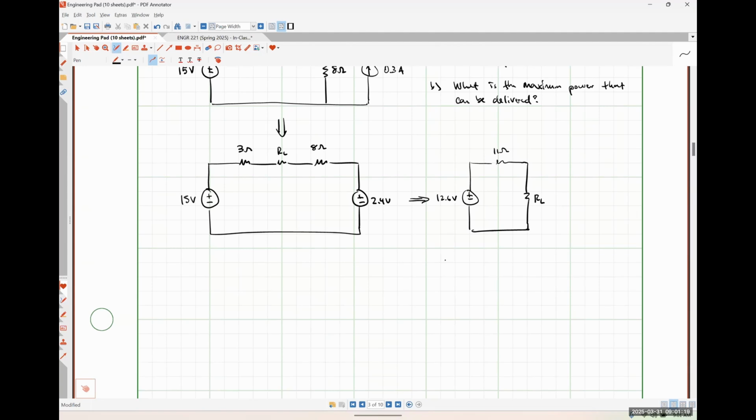So to answer part A, what value must RL have for maximum power transfer to occur? 11 ohms. It's the only resistor that's left.